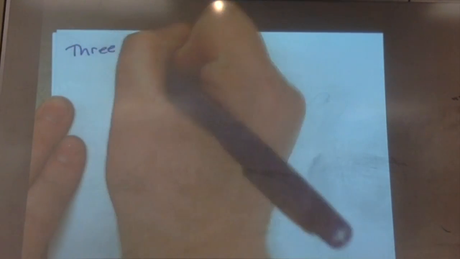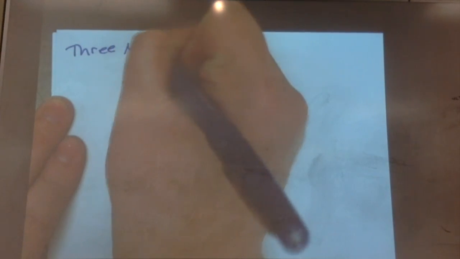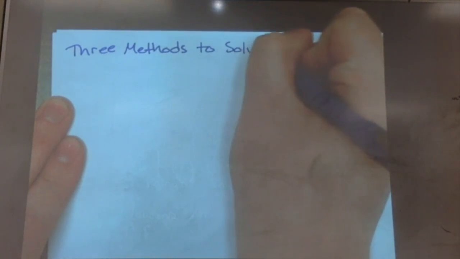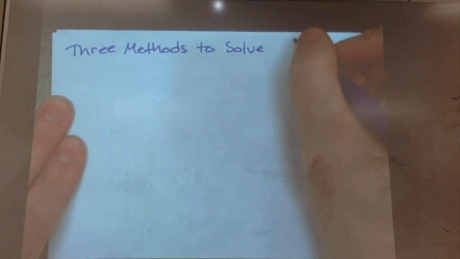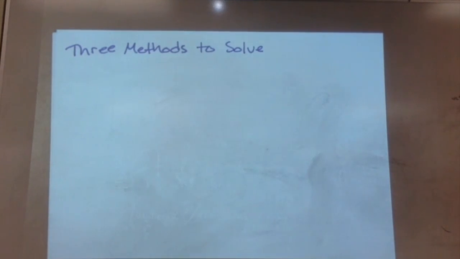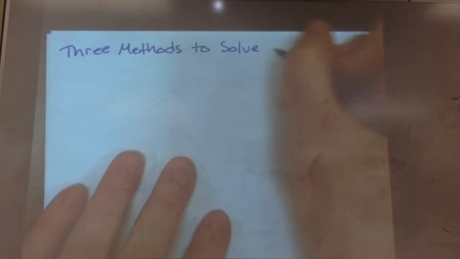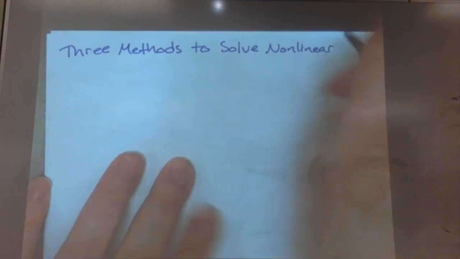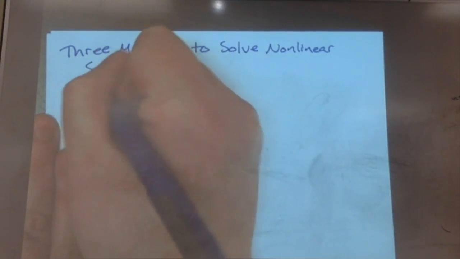All right, so let's see. 3 methods to solve nonlinear systems of equations.